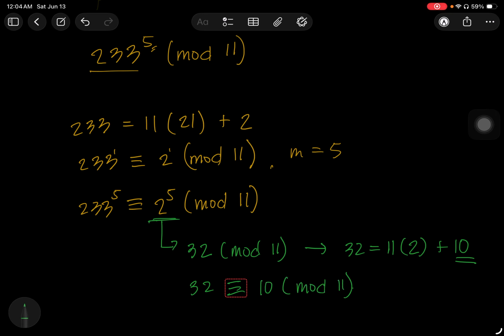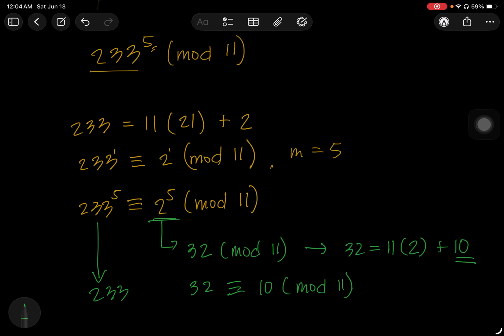Then we can bring down here that since 233 raised to 5 is congruent to 2 raised to 5 mod 11, and 2 raised to 5 is congruent to 10 mod 11, then 233 raised to 5 is also congruent to 10 mod 11.